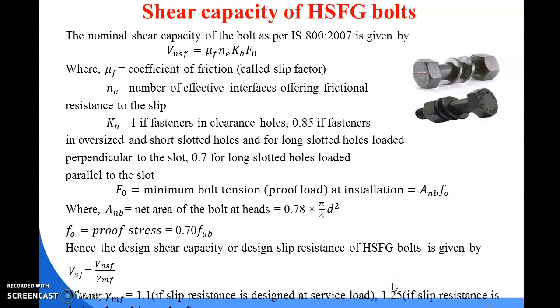So according to whether the slip resistance is designed for ultimate load or service load, the gamma mf value is different. You just put the gamma mf value according to the condition and divide the VNSF value by it. Then you will get the value of the design shear capacity of the HSFG bolt.